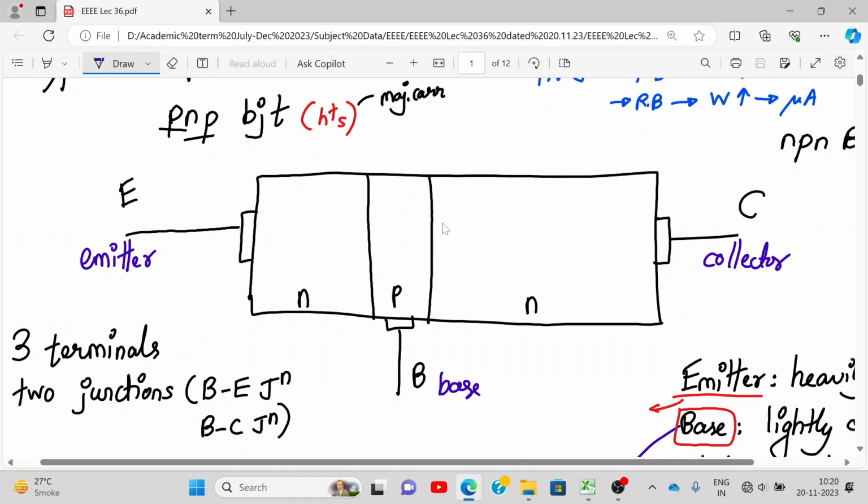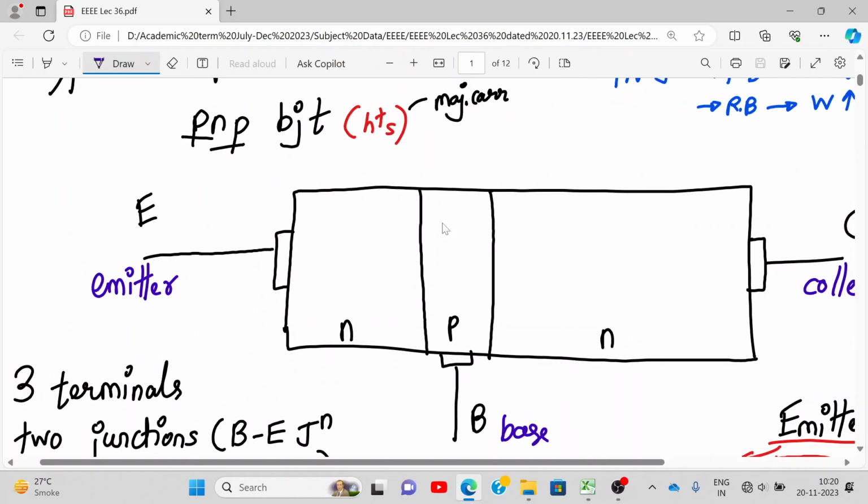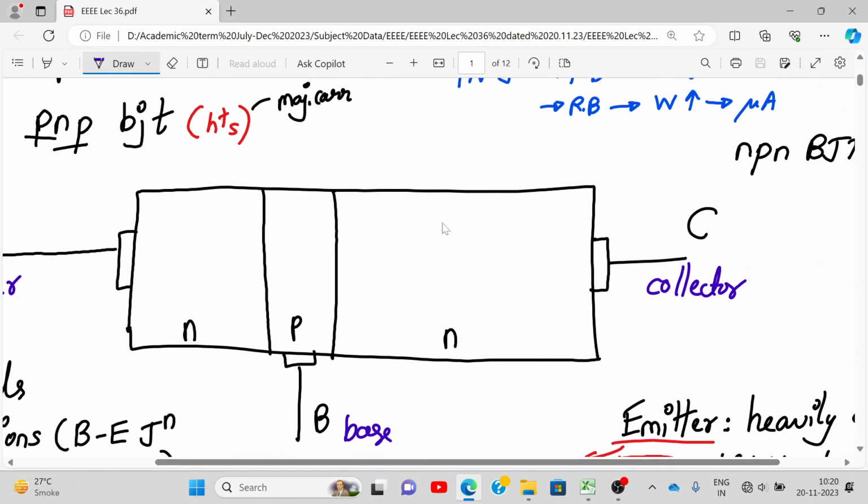Now what do you notice over here? This is N plus plus, this is P plus, and this is N. What do you mean by plus plus? Heavily doped. Okay. Let's say the number of charge carriers, that is electrons, is in the range of 10 raised to 19 per centimeter cube.